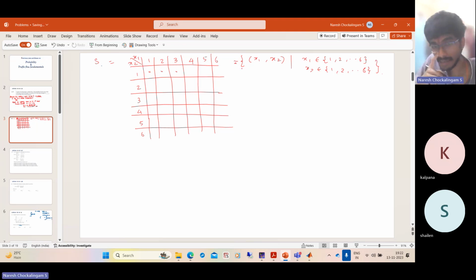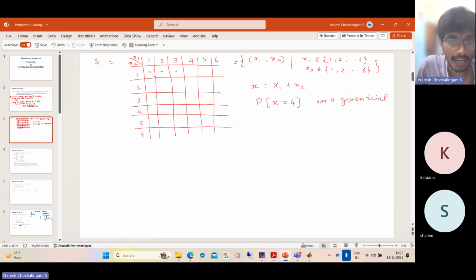Now, what is the random variable we are interested in? We are interested in the random variable X equal to X1 plus X2, and we are looking at the probability of X equal to 4 in a given trial. In a given trial, what are the outcomes that add up to 4? You can have 1 and 3 adds up to 4.